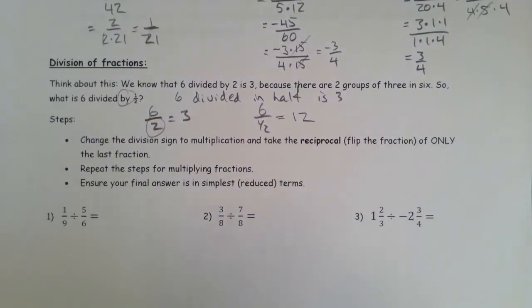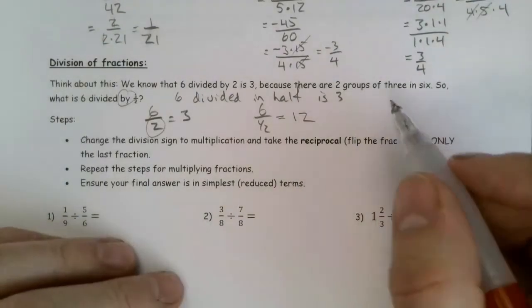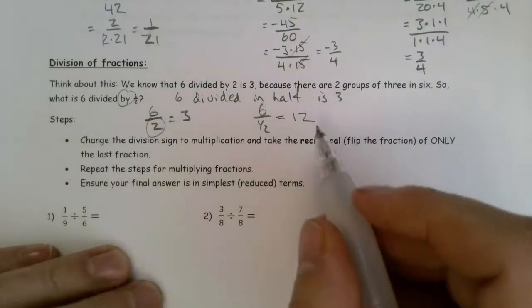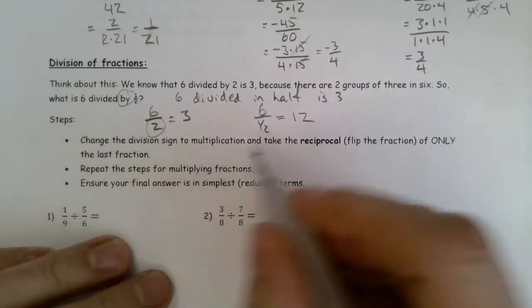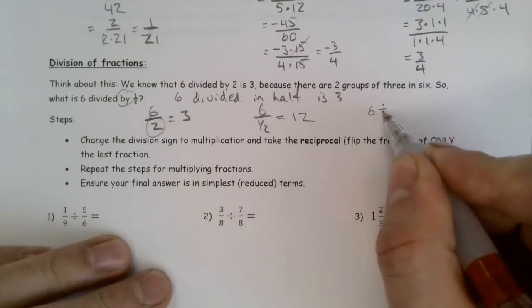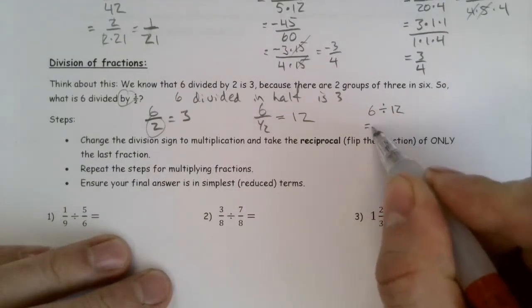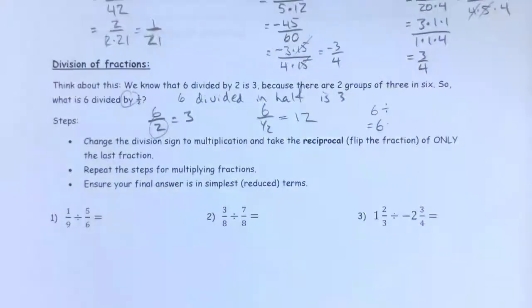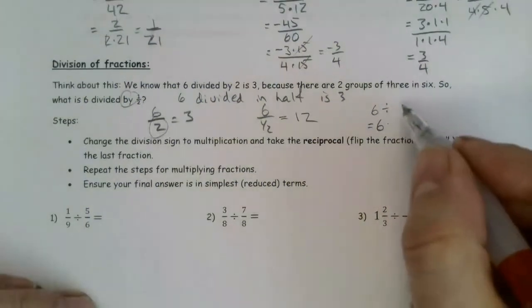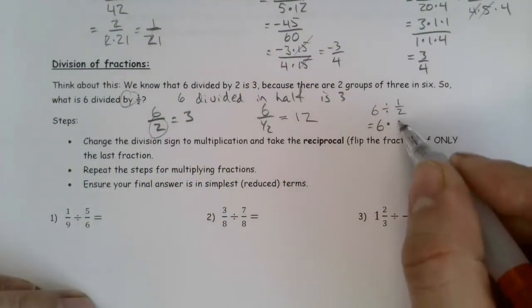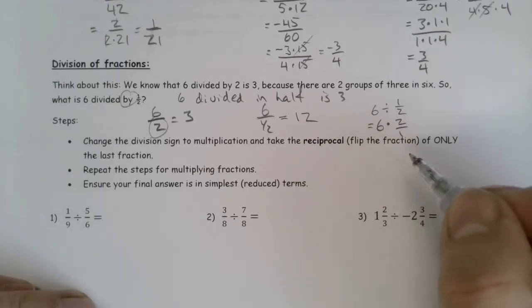Okay? So that's what we do here, remember: when we're dividing by a fraction, we take and multiply by the reciprocal. So 6 divided by 1/2 means the same thing as 6, completely sidestepping the fraction here. 6 divided by 1/2 is the same as 6 multiplied by 2 over 1.